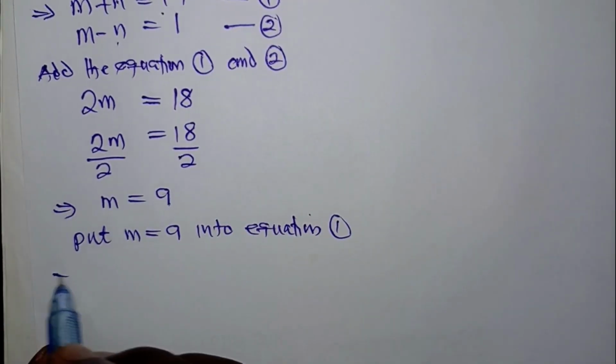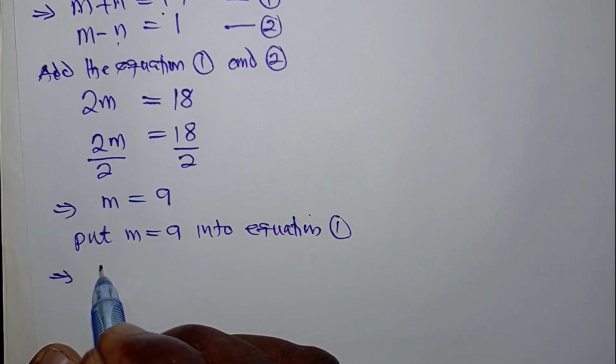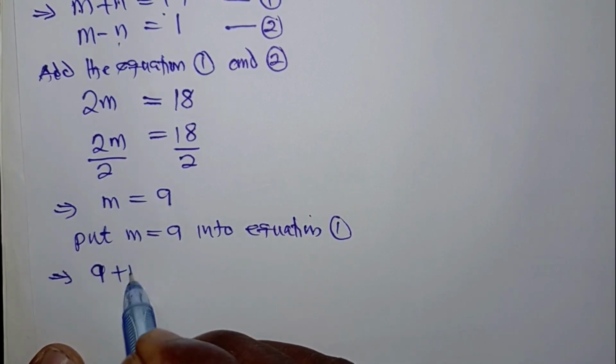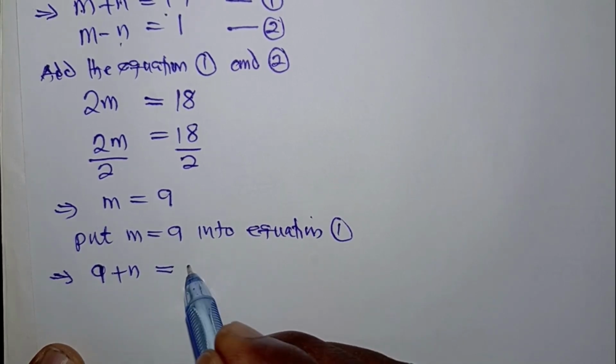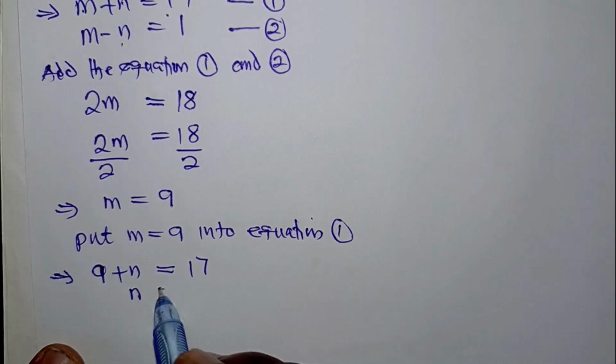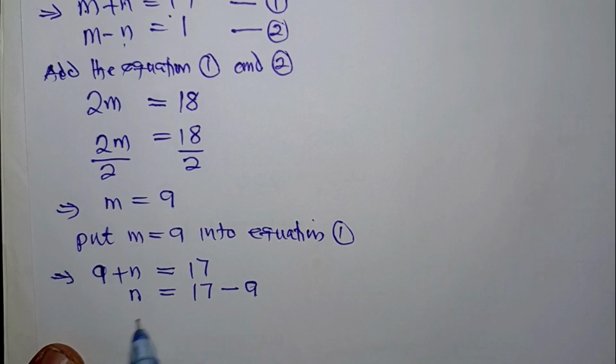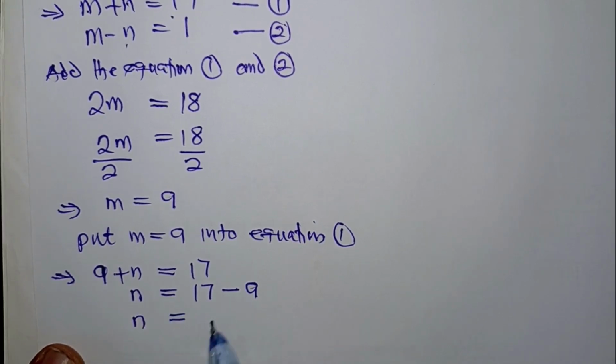So this implies that m is 9, so we have 9 plus n equals 17. Solving for n, we have n equals 17 minus 9. Therefore, our n is equal to 8. Right.